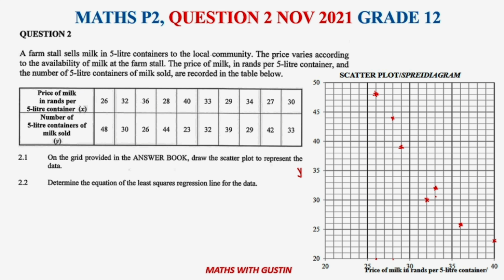Moving right along, 34 and 29. I'm moving a bit quick, but I think you get the gist of what is happening here. 27, 5, 6, and then 7. Therefore 27 and 42. Here it is.